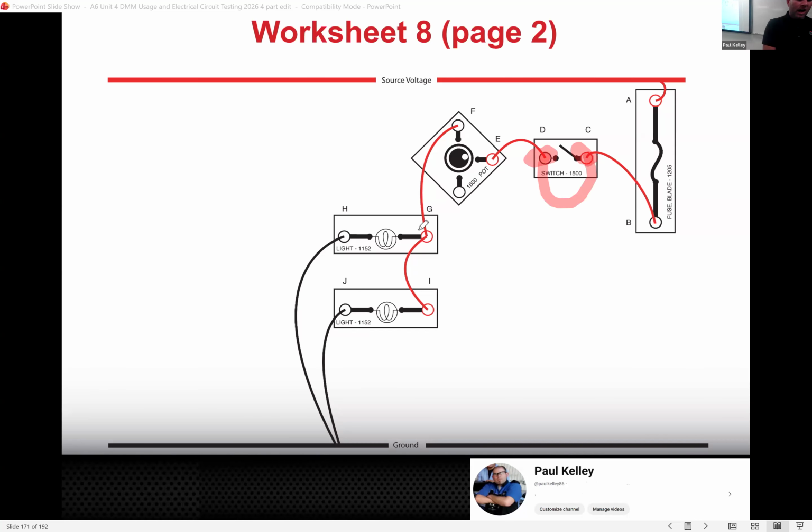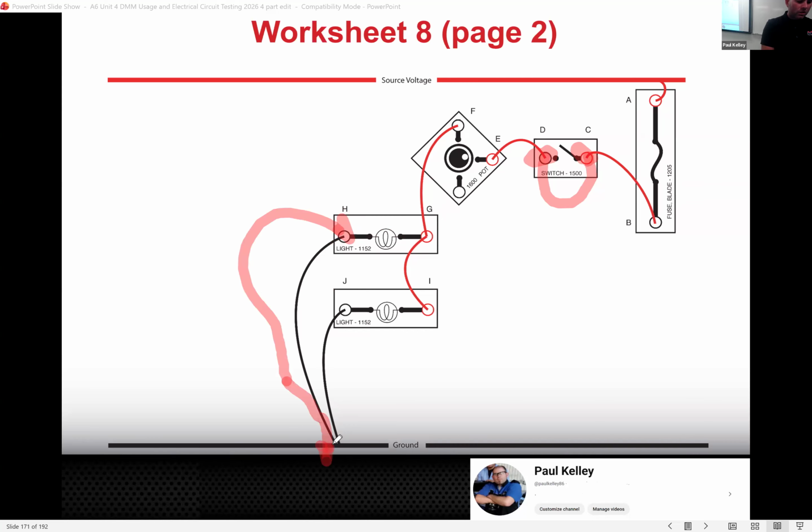But if I bypassed this to this, with a fuse jumper, there's no resistance. I'm going to have way excessive amperage. I'm going to blow the fuse. So fuse jumper is good, but you can't fuse jumper across a load. If I thought that this wire right here was bad, I could tie into H and I could jump to ground.